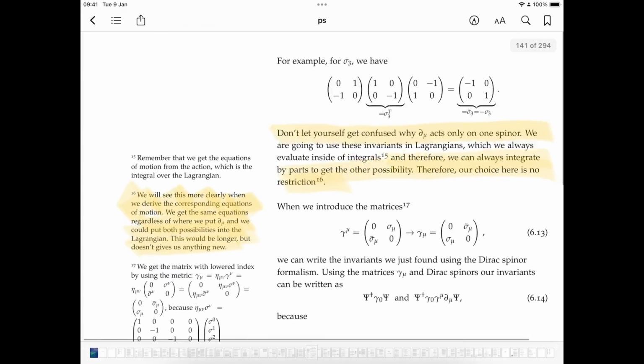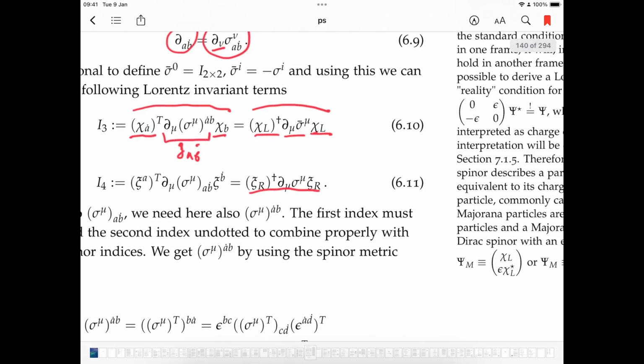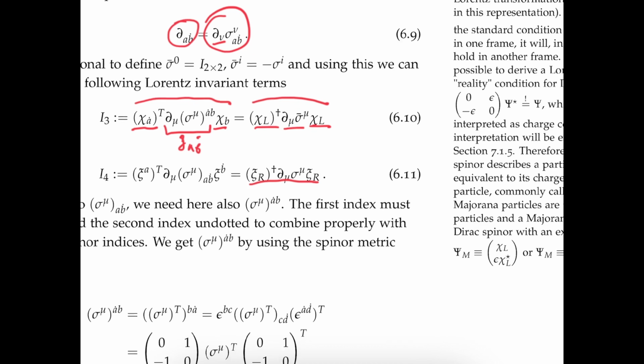Okay, so that's the question about the generality of these terms: why are we using only the term where the derivative acts only on the left spinor in this case, and not on the daggered one? The case is that with integration by parts, we can switch between these two terms and include the other one in the Lagrangian automatically.